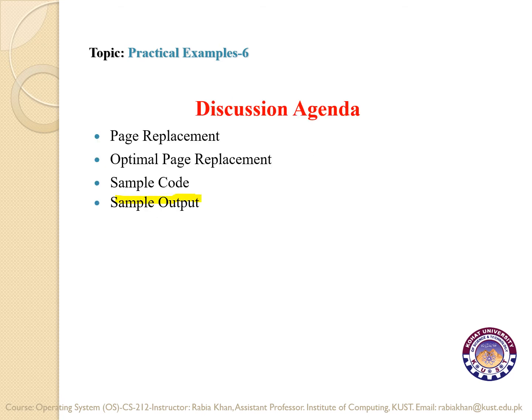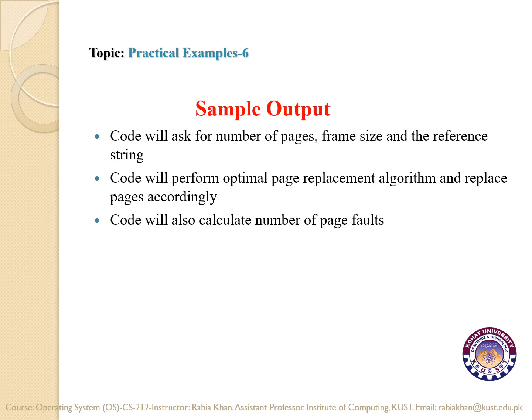So what are we going to get as a result of this code? If you execute the code, you will get the following things. Initially, the code will ask you for the total number of pages, the frame size, and also the reference string. The reference string actually means the total number and the sequence of pages, in what sequence you want them to enter main memory.